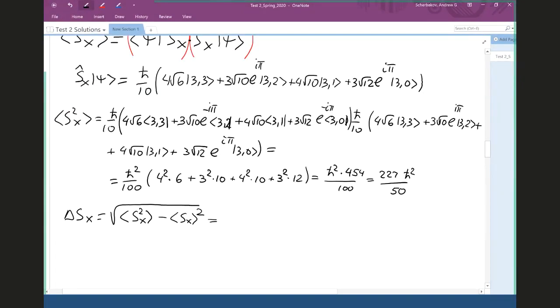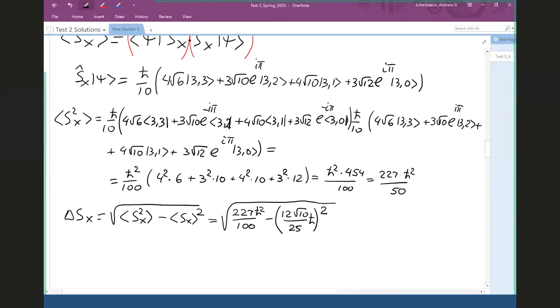So that will be the square root of 227 h bar squared over 100 minus, now the expectation value of Sx was given in the first problem, at the beginning of the problem, so it's 12 root 10 over 25 h bar squared.